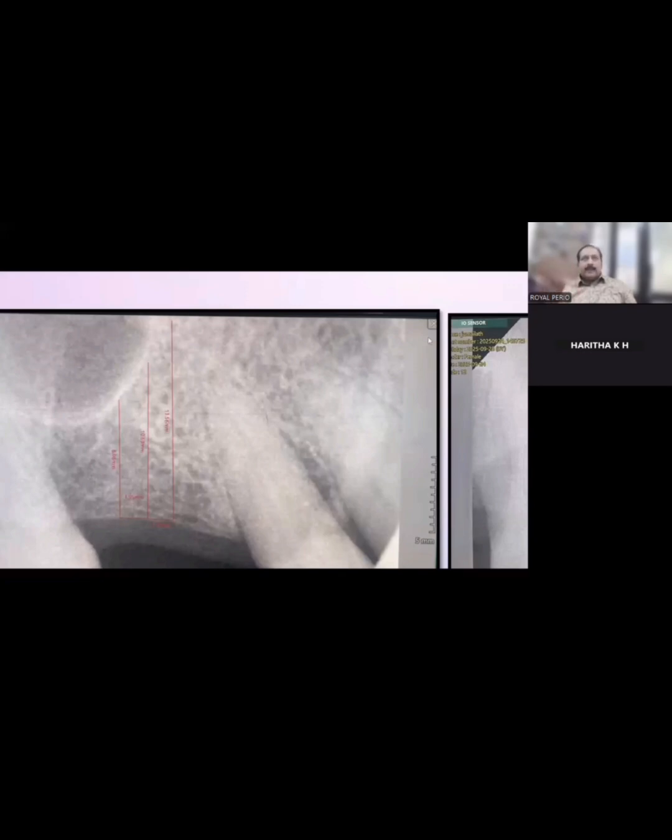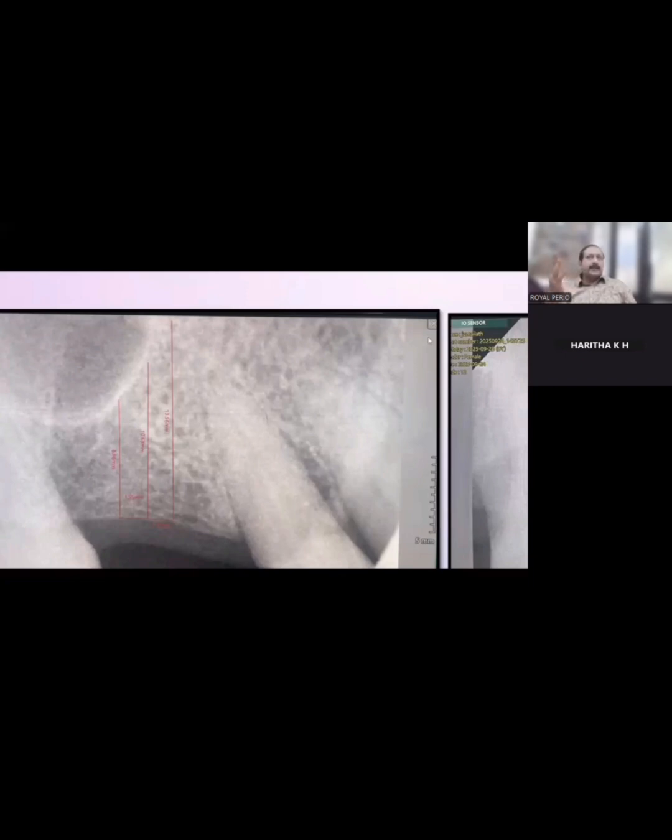From the first line to the second line is 2 millimeters. From the second line to the third line it's another 2 millimeters. That means it's 4 millimeters size, so it's the size of quite a good implant. So if it is 4 millimeter size, then the minimum height you can plan is less than 8 or 8. Anything beyond 8, you will land up in sinus elevation or into the sinus.